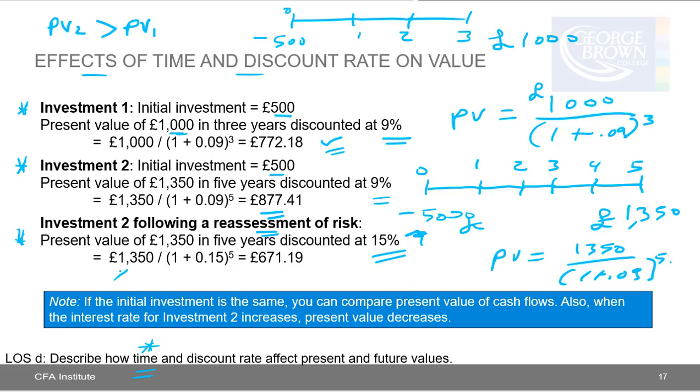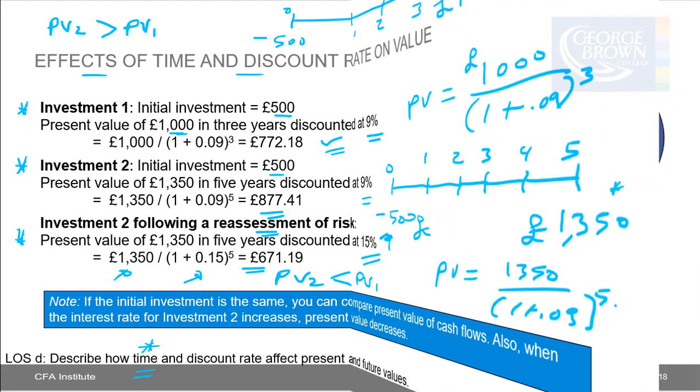The present value equals the future value divided by 1 plus the interest rate, now 15%, to the power of 5. Remember, investment number 2, you're getting that $1,350 after 5 years. And now you can see that the present value is 671.19. So after your reassessment of risk, you can see that the present value of 2 is lower than the present value of 1. So you would actually want to choose investment number 1.